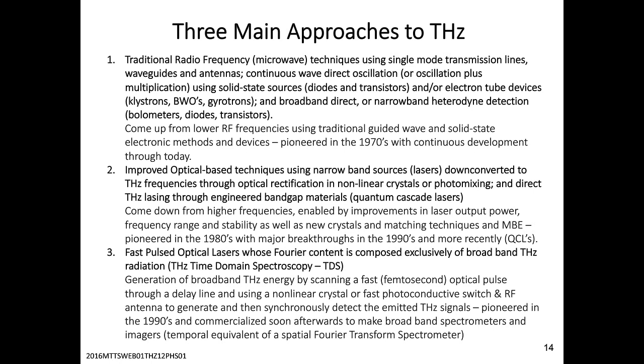And although the efficiency was very poor, so we're talking maybe 10 to the minus 4 or 10 to the minus 5 conversion efficiency, optical sources are quite strong, and so you're able to generate microwatts of power in the terahertz band by doing the optical conversion techniques.